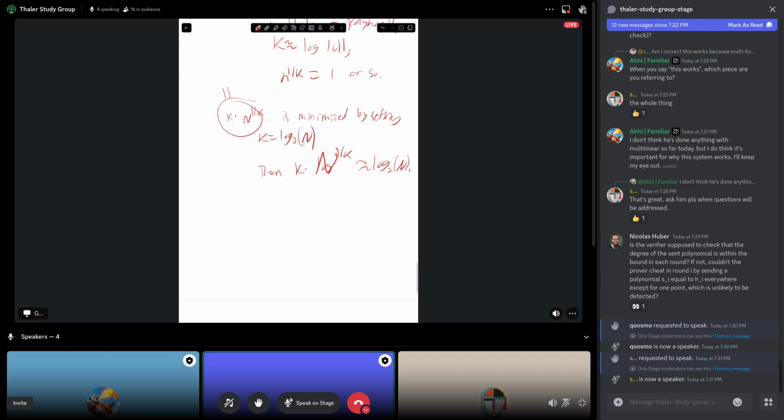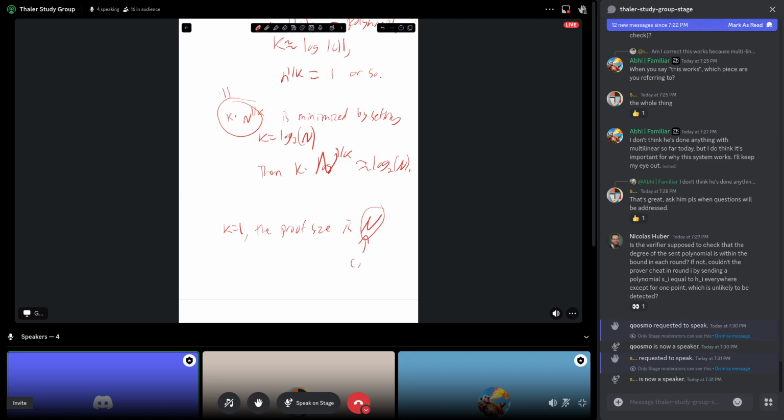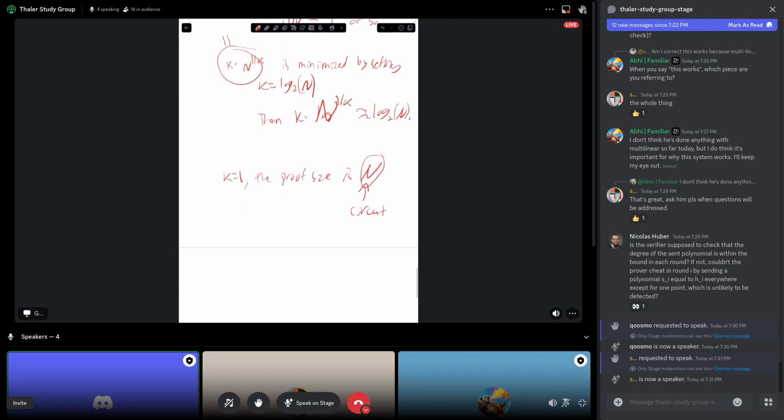If k was 1, then the proof size is n, and this is just not succinct at all. This proof is writing down the value of every gate in the circuit or something.